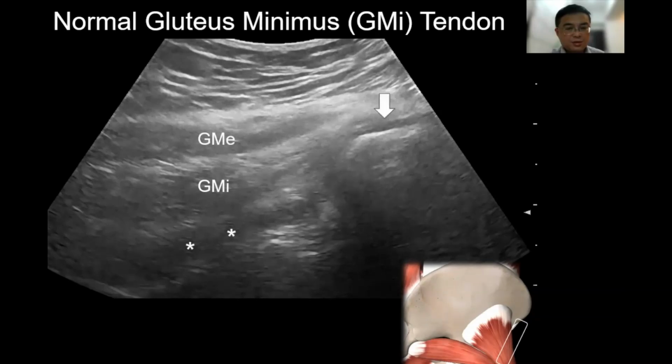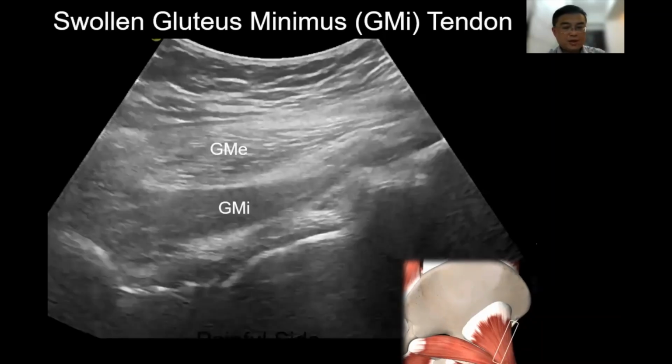So here in normal participants, you can find the tendon is quite thin. But in patients with anterior lateral hip pain, you can find that the thickness of the gluteus minimus is increased compared with the normal side.